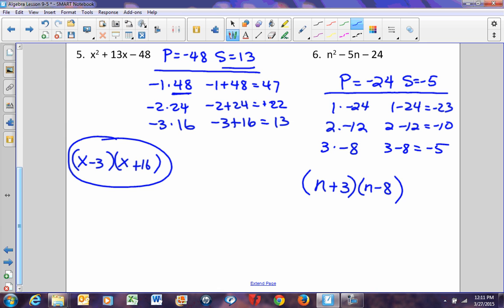You can change the order of the parentheses, but you cannot change the numbers within the parentheses. There is a difference between n plus 3 times n minus 8 versus n minus 8 times n plus 3. Okay, this is fine. This means exactly the same thing, but you can't go like this.